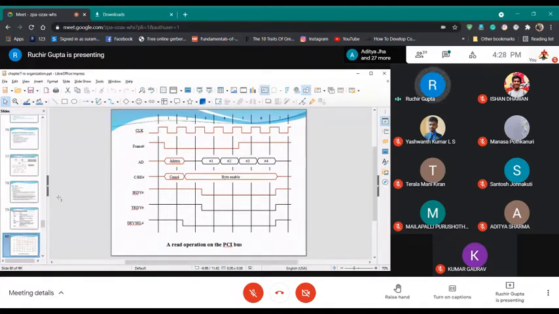So you can see that there is clock, 7 clocks are there. And then there is a frame signal that is mentioning the duration of the frame. And then for some initial time, address is being sent here.